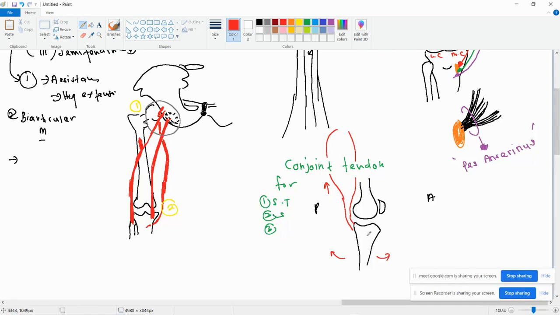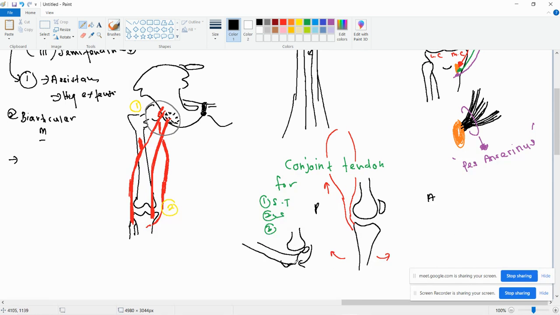Posterior. If this tibia bends posteriorly like this, right? This is your patella, right? It bends posteriorly, right?